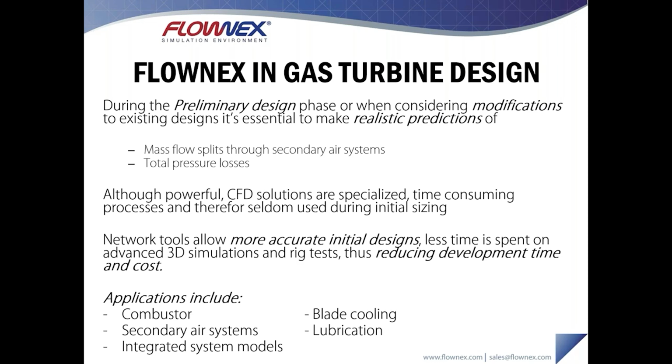Secondary air system modeling, which we'll talk a bit about today. Lubrication systems, where you have bearing chambers which are pressurized with secondary air, and then oil which flows through scavenge lines into reservoirs. Flownex is useful in modeling these systems.